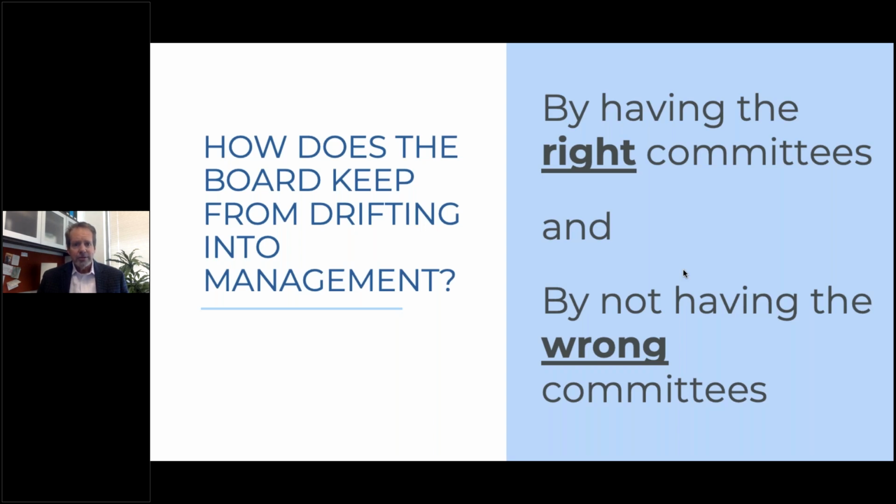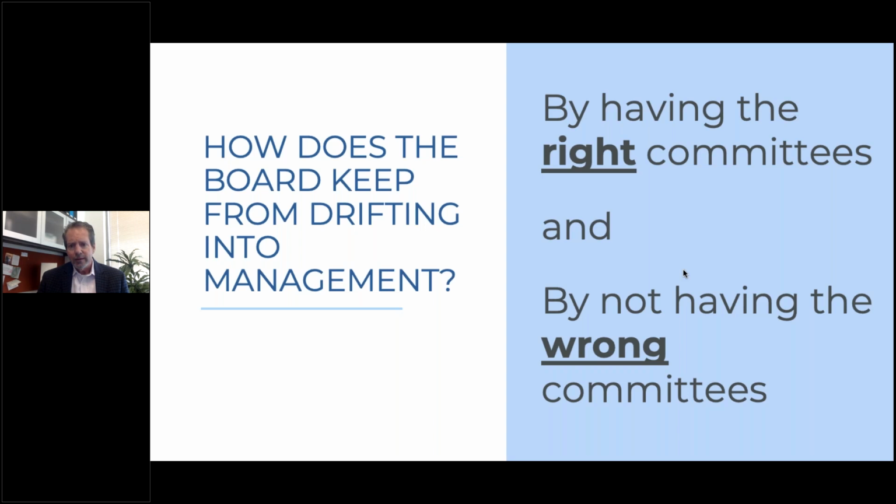The wrong committees are committees that align with staff functions. So if you have a program committee, for instance, or a curriculum committee or an education committee because you're a school, then you probably have a committee that is paralleling staff functions.